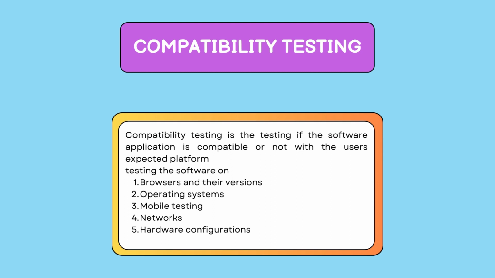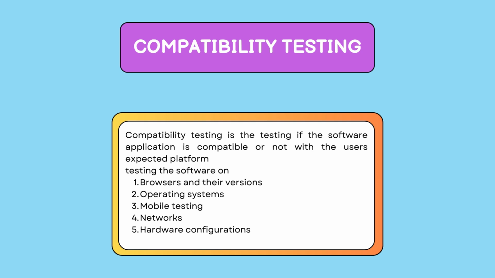Now let's move to the next term, compatibility testing. Compatibility testing is testing whether the software application is compatible or not with the user's expected platform. So what is the user's expected platform? These are nothing but the devices and browsers on which your users are using your application. By considering that, we test our software on different types of browsers like Chrome, Edge, Firefox, Brave, along with their versions.